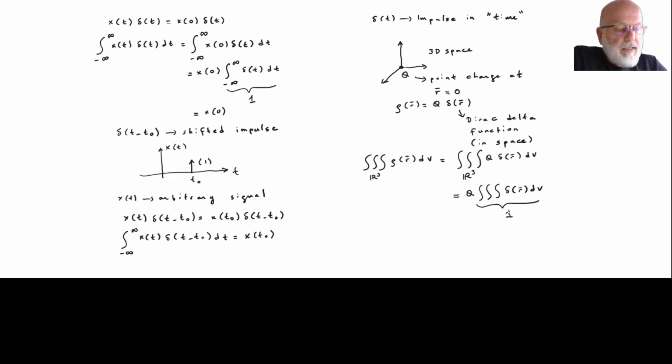That means a space function which is zero everywhere except at a single point. It is not finite, it has an infinite magnitude, like the case of a point charge example. So that's all I want to say about the unit impulse. Thanks.